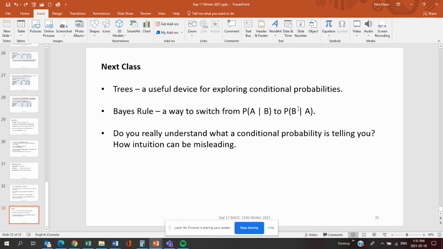We can reason this out if we understand where stuff is coming from. And the other is going to challenge you on making sure you understand conditional probabilities. Do you have it the right way around? Is it A given B or B given A? Do you understand the difference between the two? Because they are very different from each other.